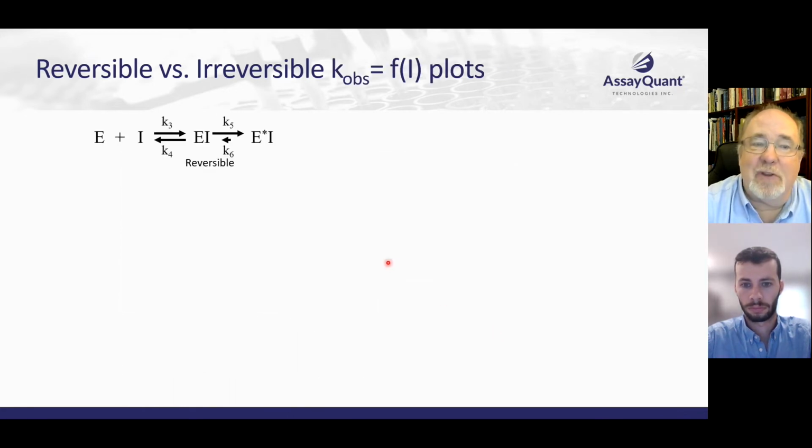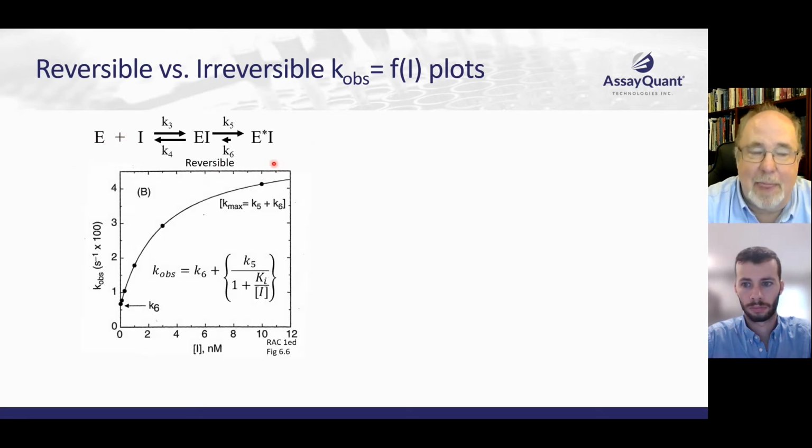Now, if you look at this reaction schema, and you start with that equation that I just showed you before, and you plot K observed that you calculate as a function of the inhibitor concentration, you get this hyperbola, okay?